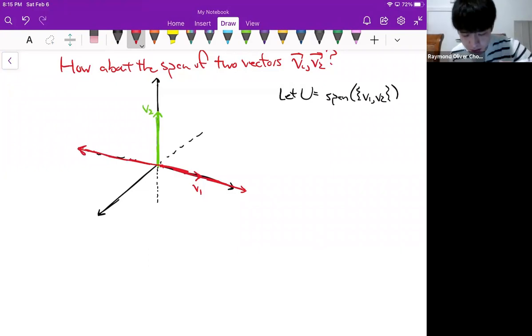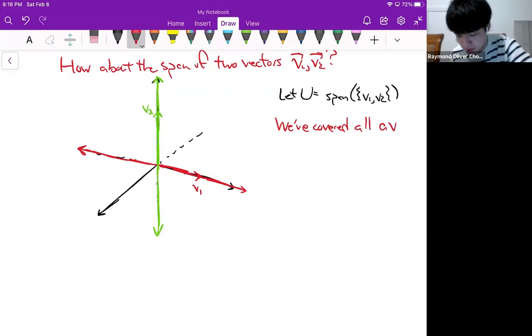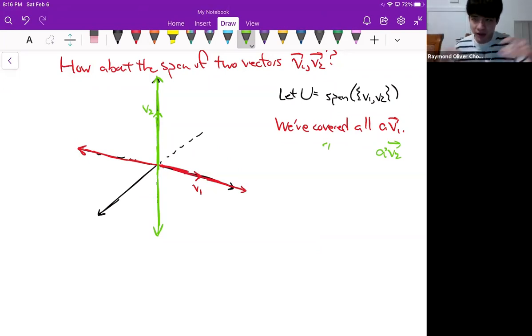If v2 is in there, then so is everything in its direction, both up and down, right? Okay, so we've covered all a times v1 and all a' times v2, right? But what about things that look like v1 plus v2 or like 5v1 plus 6v2, those things where both of them get numbers and not just one of the vectors shows up?